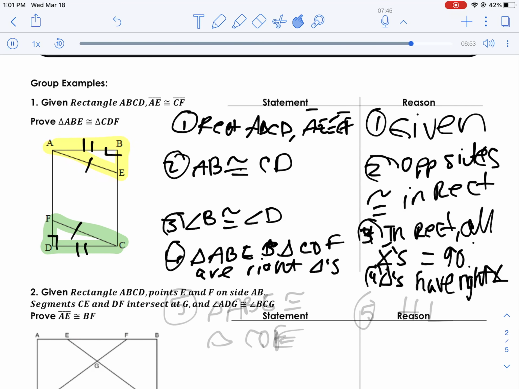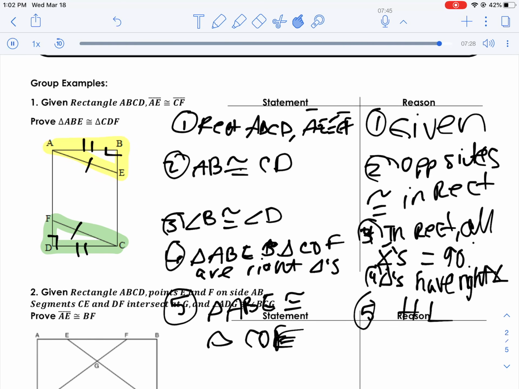I don't think I can erase this so that I have more space. No, I can't. Okay. And then step 5, sorry for the space here. Now we can say triangle ABE is congruent to triangle CDF by HL.